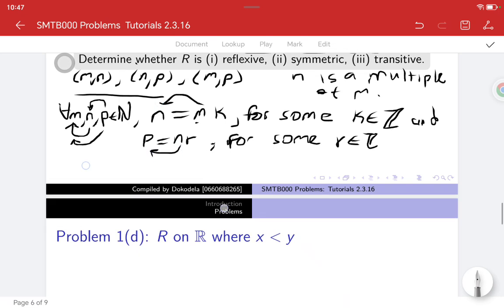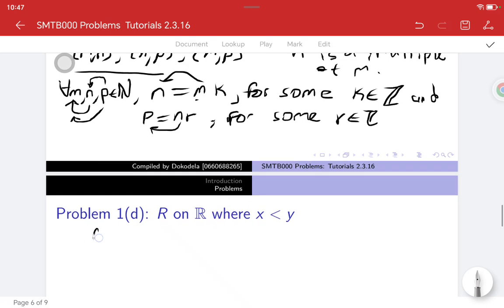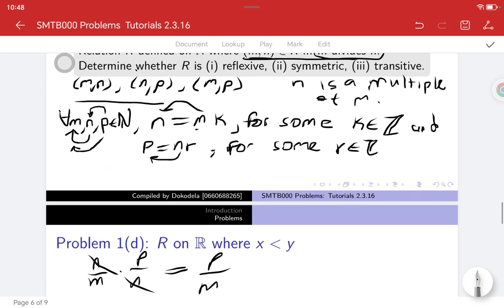So in other words, we are saying that if n over m is equal to that, and also p over n is equal to that, it means that this can give us p over m according to calculations. So now we must arrive here, which is m divides p. You see right? So that's where we must arrive.